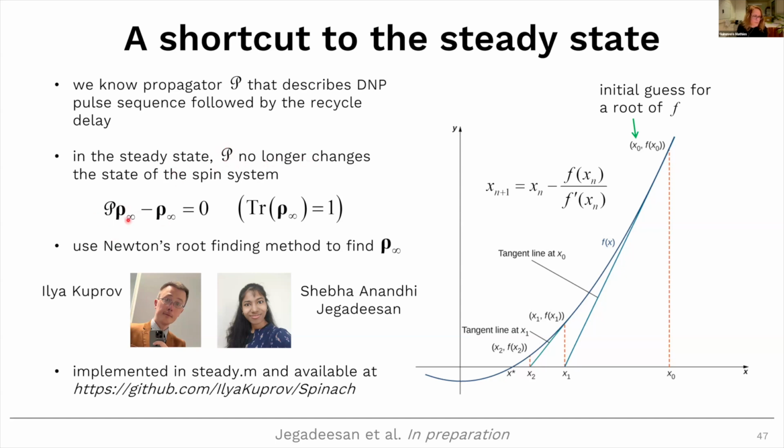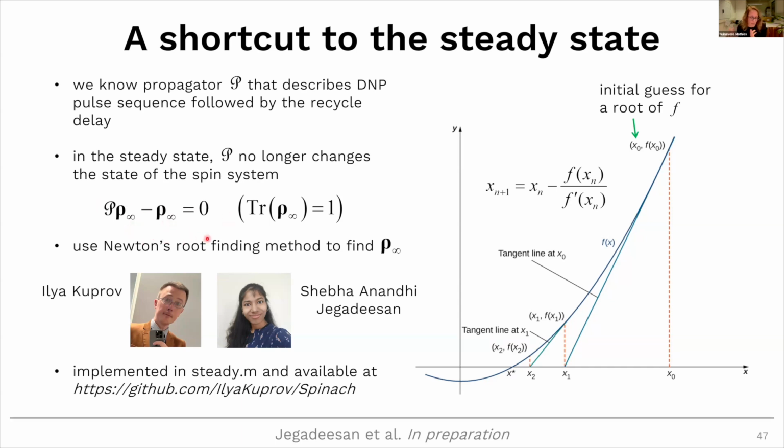So I apply it to rho infinity, that's my steady state, but it will have no effect. So I can subtract here again the state of our spin system, and in the steady state, I will get 0. And this now suggests that we can find rho infinity in another way, just by solving this equation.